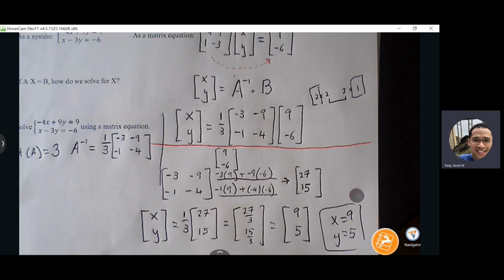Right. Yes. So why did you do the 1/3 last? Okay, yeah. So the reason why I did the 1/3 last is because if I were to multiply the 1/3 through, I would get -1, which is fine, -3, which is fine, but then I get -1/3 and I get -4/3. And if I do multiplication with -1/3, -4/3, then I've got to deal with fractional values when I add and subtract, and that just makes it ugly and messy.